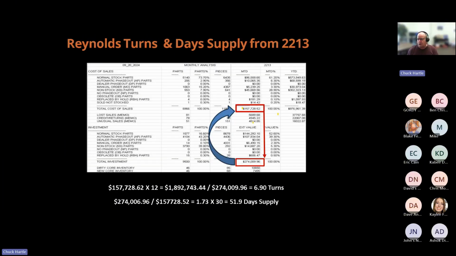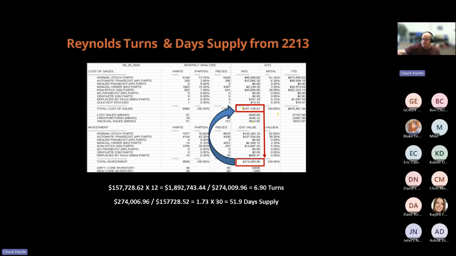Now with Reynolds and Reynolds, or DealerTrack first, I'm sorry, Reynolds is next, Gordy. We're getting there. This is Reynolds. You can see that it's right in your 2213 report, where they do have year-to-date and total cost of sales, but don't utilize that number because that's just year-to-date, basically January through July.